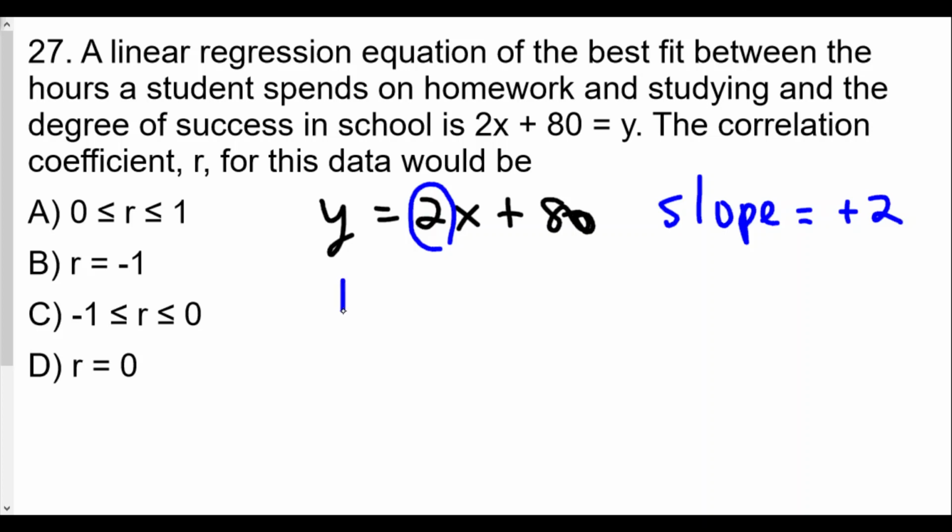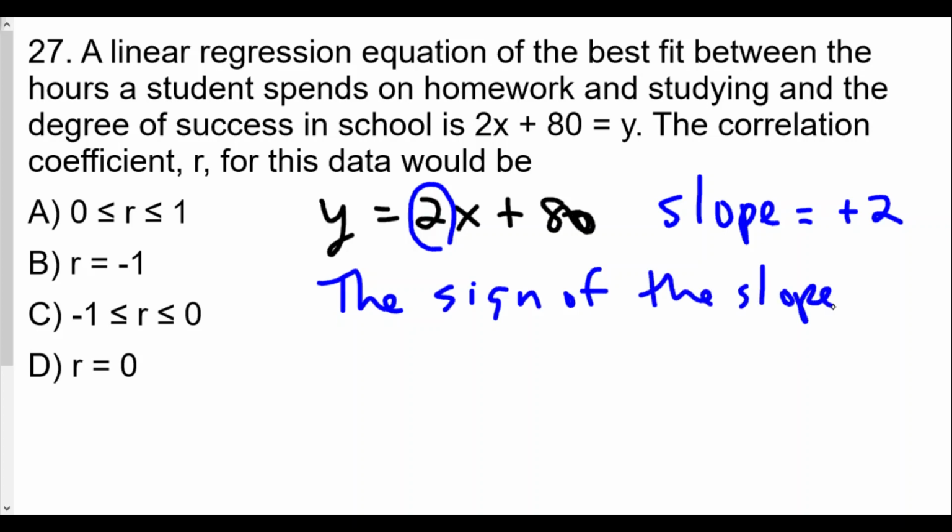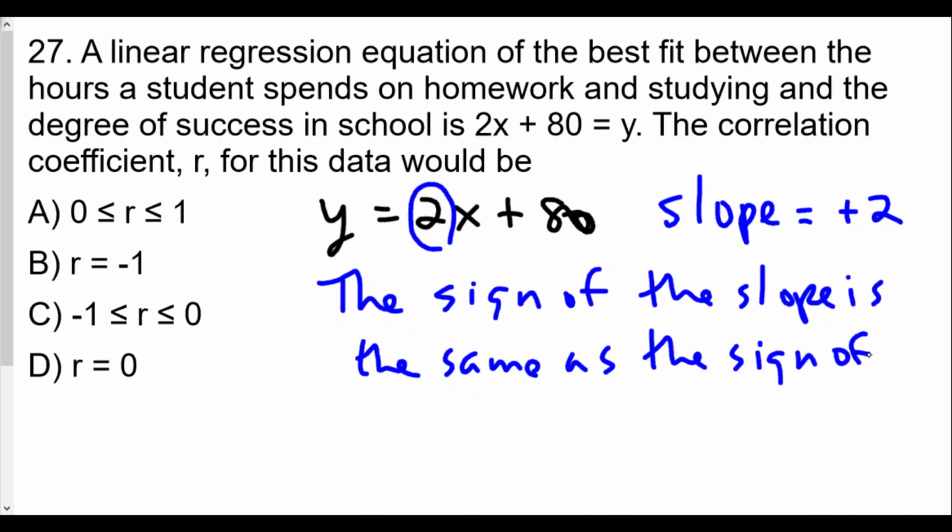Now the sign is important for us, okay? Because the sign of the slope is the same as the sign of R. So if I have a positive slope, I have what's called a positive correlation, meaning as one value goes up, the other one goes up with it.